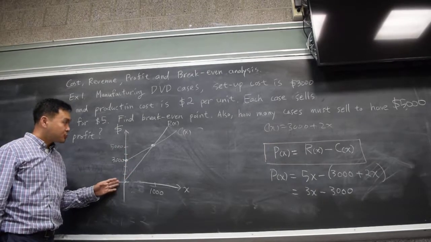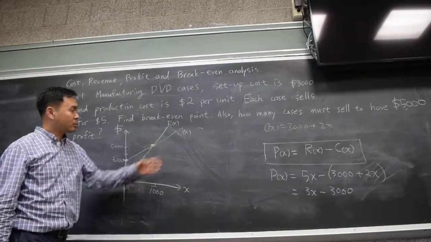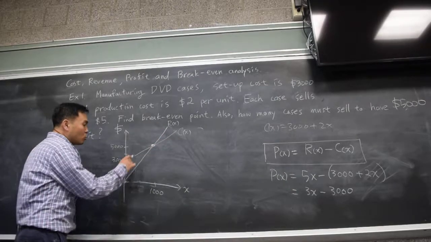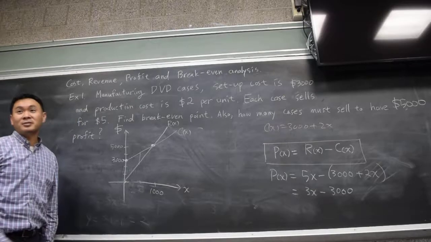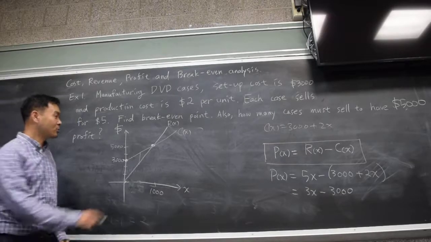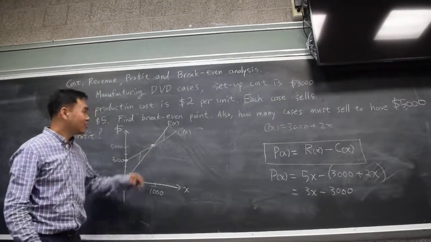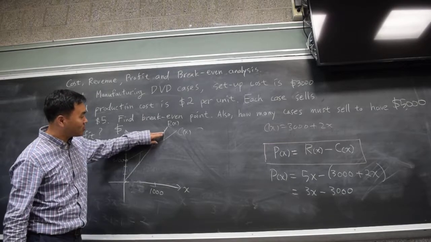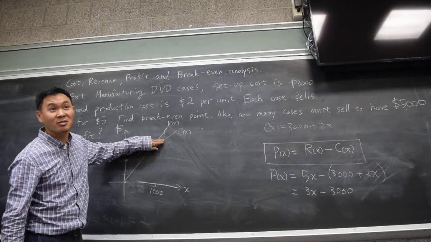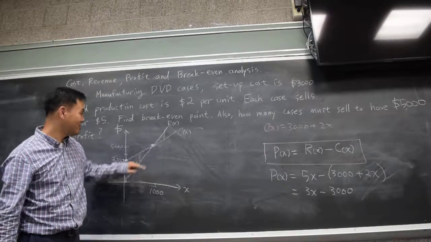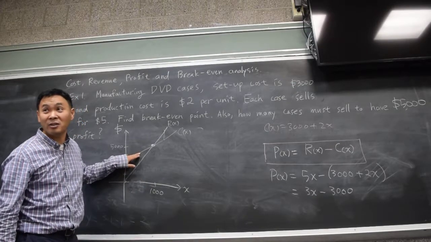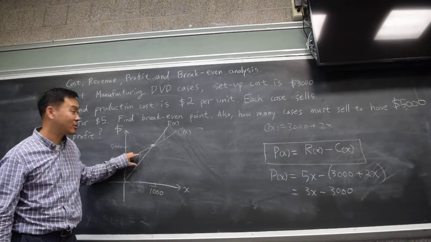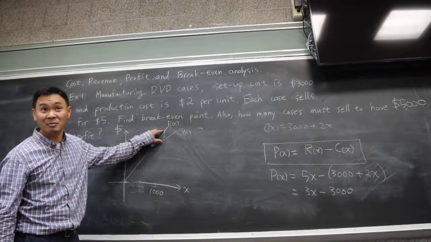Okay, so once you have the revenue and cost function, what does this represent? Or this? This is like the value of revenue minus cost. That's profit, right? Here, cost is higher than the revenue, so here you're losing money. Here you're gaining money, right?